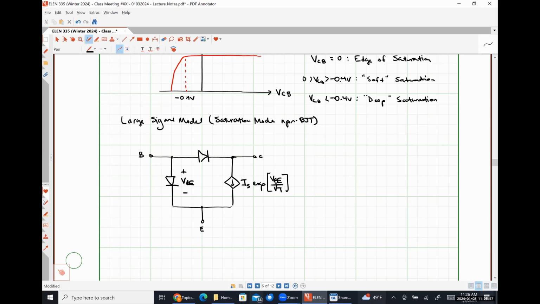Instead, it's also going to look like a diode, where we're going to have some current that is ISC exp negative VCB over VT. And then I'll do these in a different color. Here's our base current, IB, our emitter current, IE, and our collector current, IC.